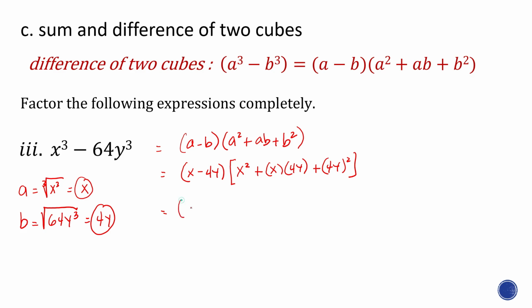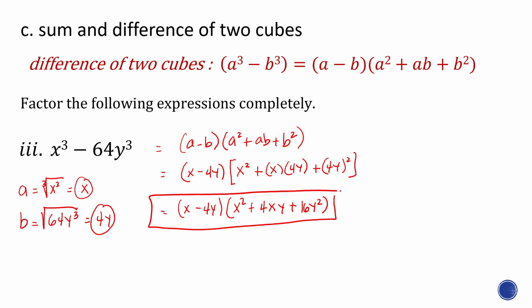All right, so let's finalize the answer and simplify this one. So 4y times x squared is x squared, x times 4y is simply 4xy, and then 4y squared is 4 squared, which is 16, and then y squared, so 16y squared. Alrighty.